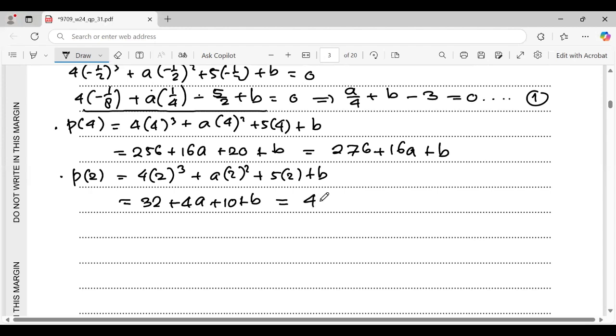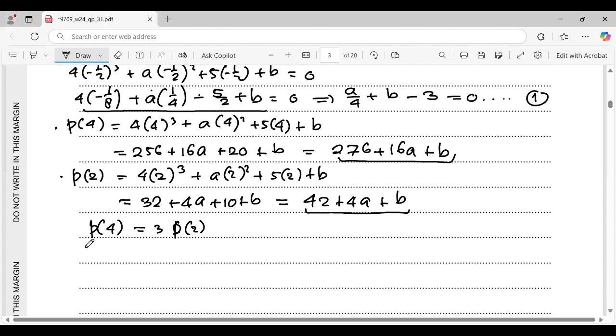And if you continue, this is 42 plus 4a plus b. According to the question, P(4) equals 3 P(2). So based on this information, P(4) is this and P(2) is this expression.